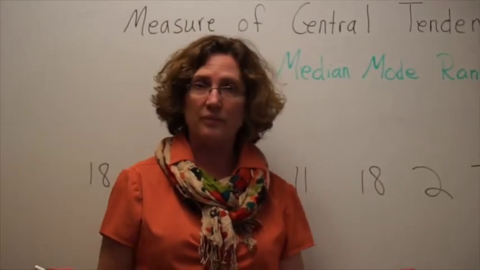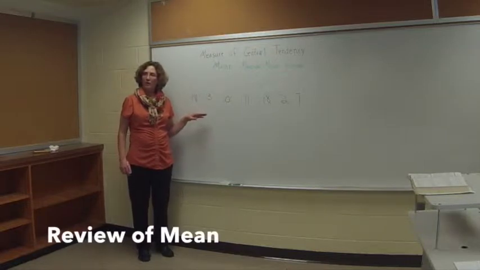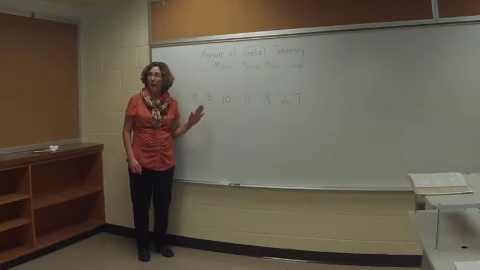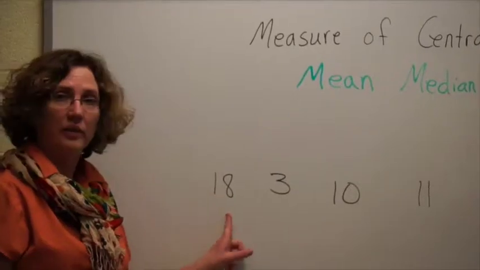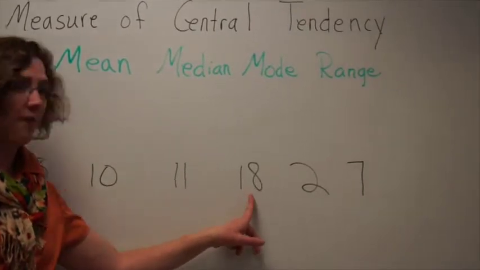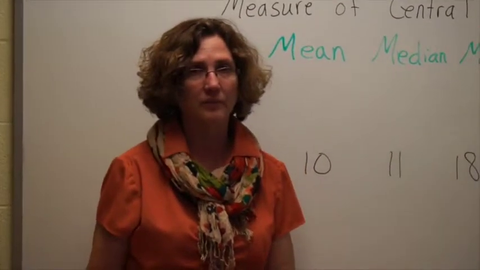We'd divide by 7 to get the mean average. So after you add up all of these numbers, go back and count how many numbers you added together: 1, 2, 3, 4, 5, 6, 7. So you would divide by 7.